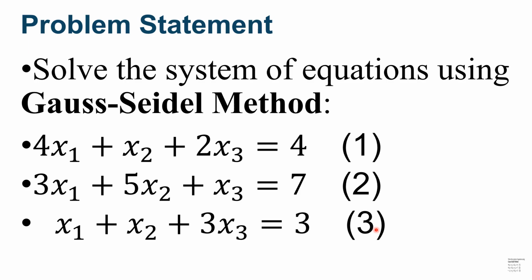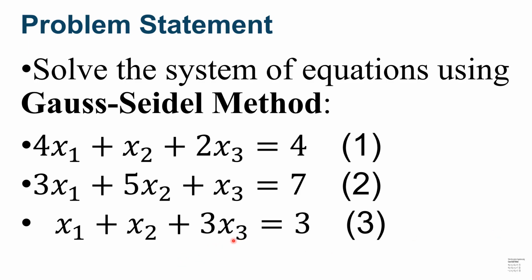We follow the same process in the third equation because we find x3 there. First you write x3 equal to 3, then plus x1 converted to the right side becomes minus x1, and plus x2 converted to the right side becomes minus x2.